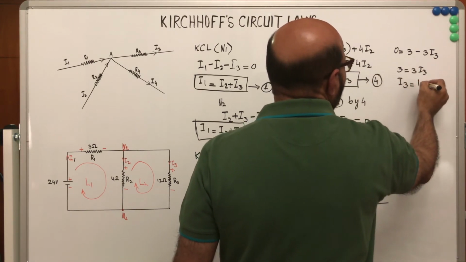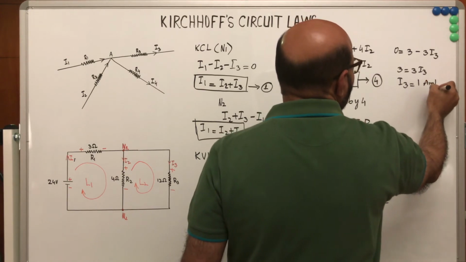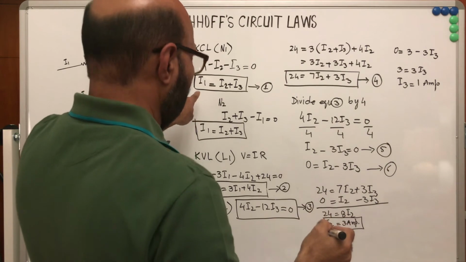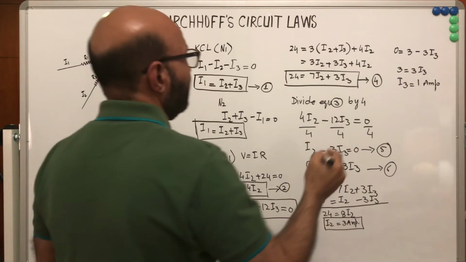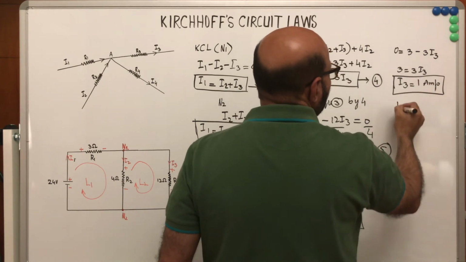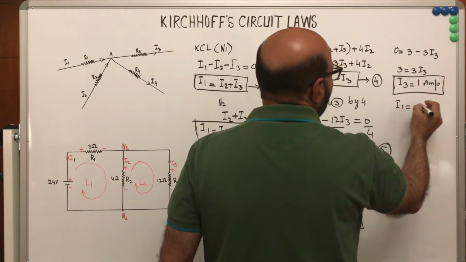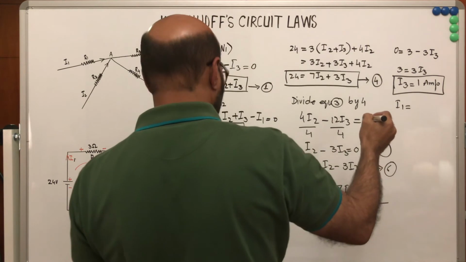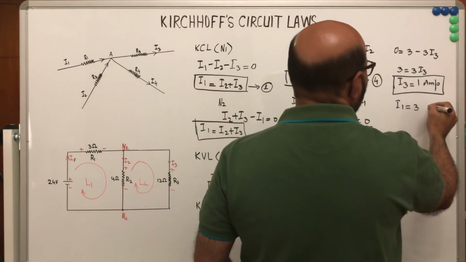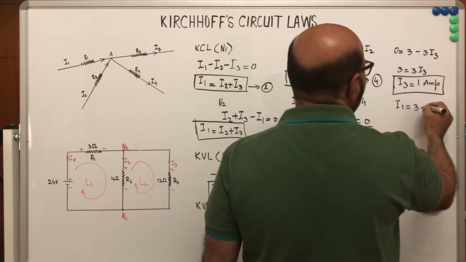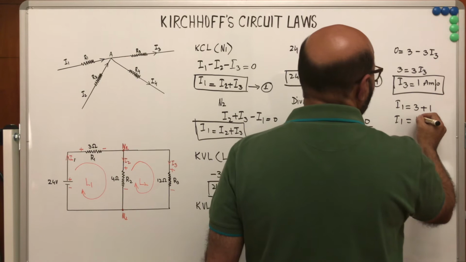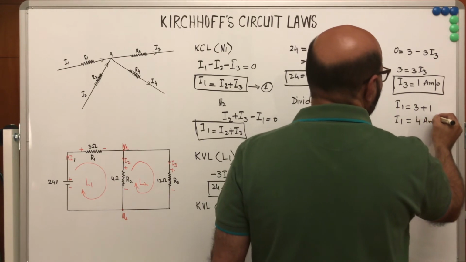I3 is equal to 1 ampere. And we also know I1 is equal to I2 plus I3. We have I2 of 3 ampere and I3 we have 1 ampere. So I1 is 4 ampere.